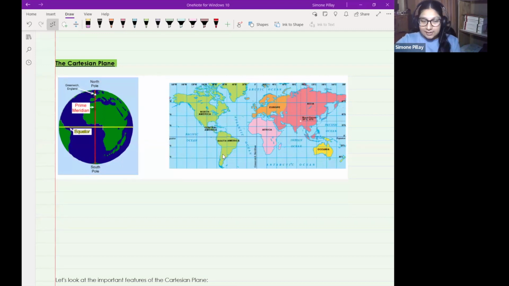Okay, so Lucille is saying that she did learn about it. This is not exactly our Cartesian plane, but it's a good start to learn about the Cartesian plane. What I want you guys to see here is, think about our Earth. Our Earth is divided into four little parts, and we call them quarters. Let me just adjust the slide. Sorry. Okay, that's better.